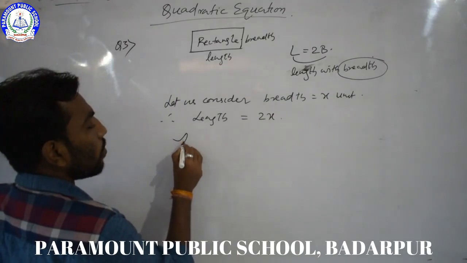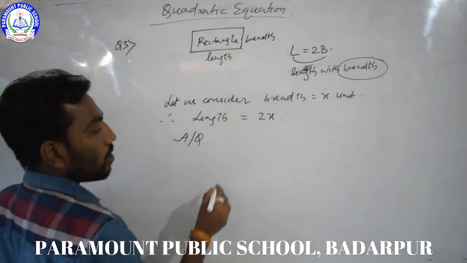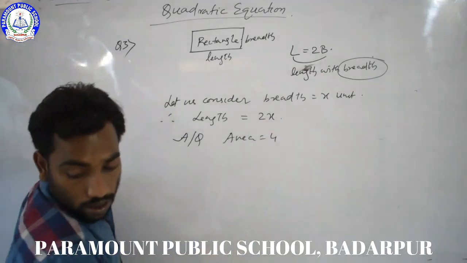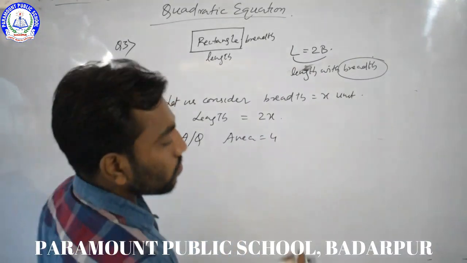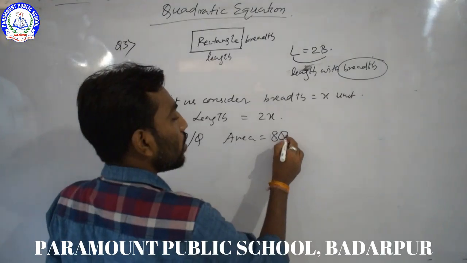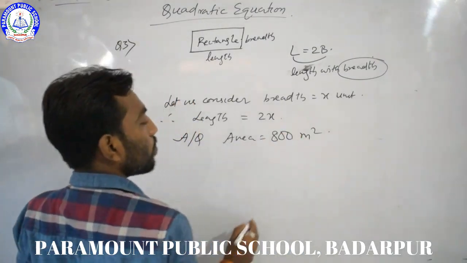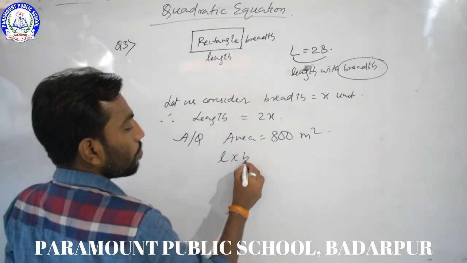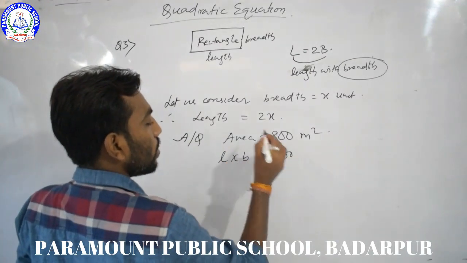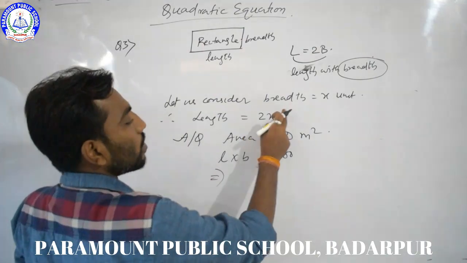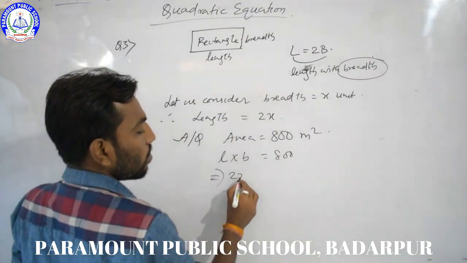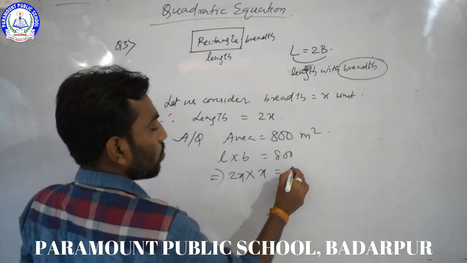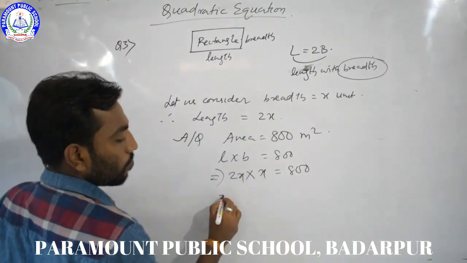Sorry student, it is 800 meter square. So the formula of area is nothing but length into breadth is equal to 800. So from the given condition, our length value is twice x and our breadth value is x, equal to 800.